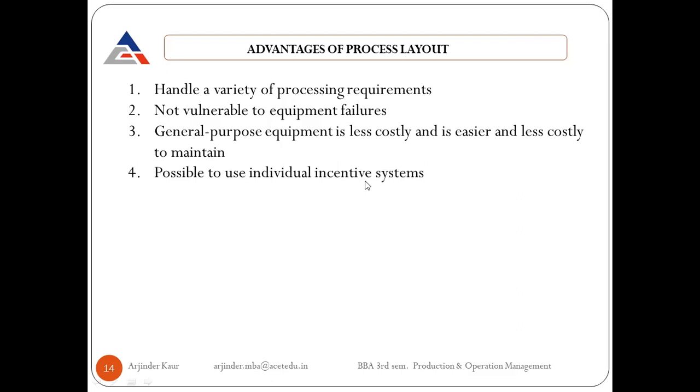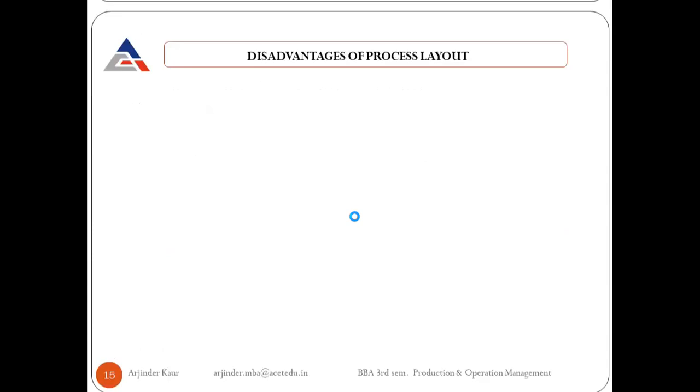It is also possible to use individual incentive systems because people are entitled to do one kind of work. So their individual performance can be judged and they can be given incentives as per their individual performance.